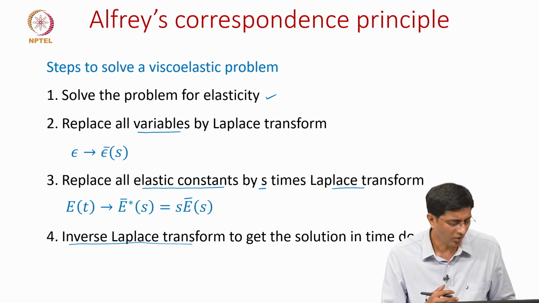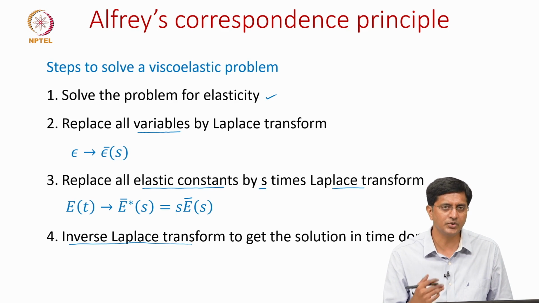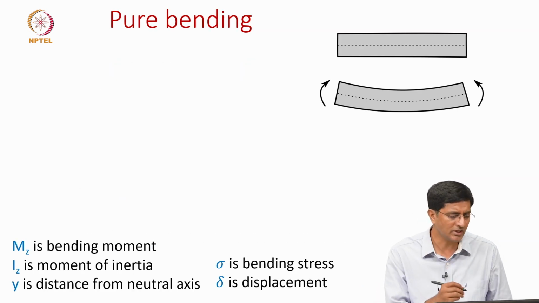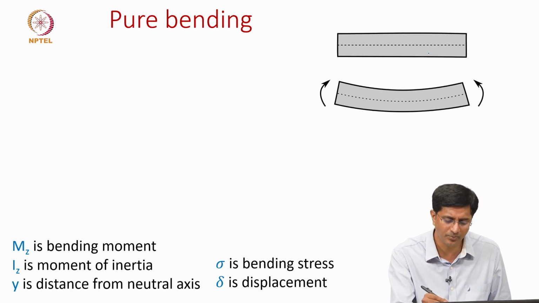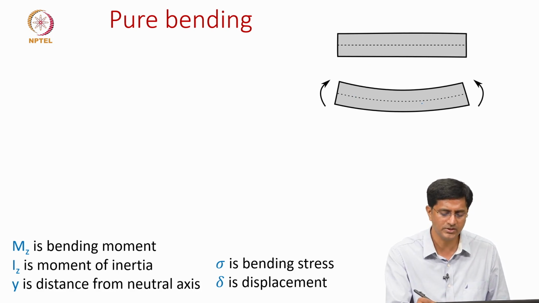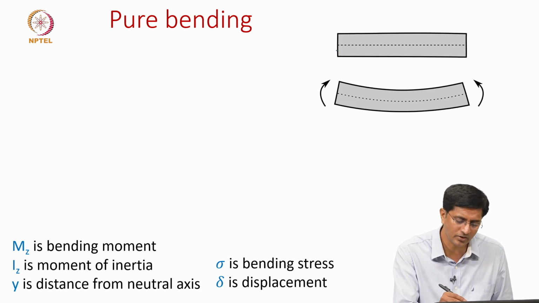Now, let us look at how we apply this correspondence principle to solving beams. Here we will start with pure bending. Here is the undeformed beam at the top and at the bottom is the deformed configuration of the same beam. Let us first define the coordinates.